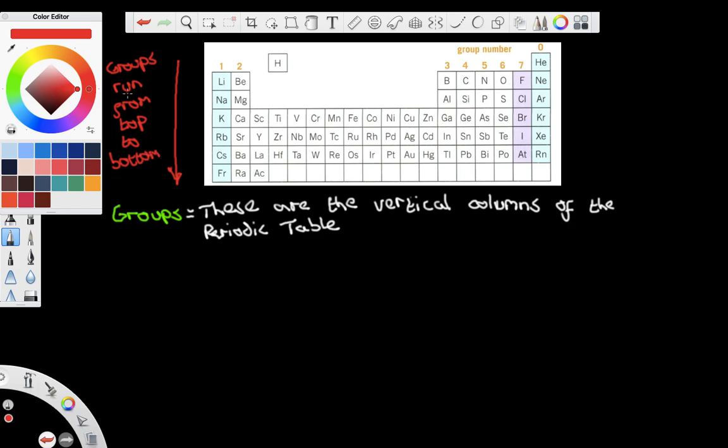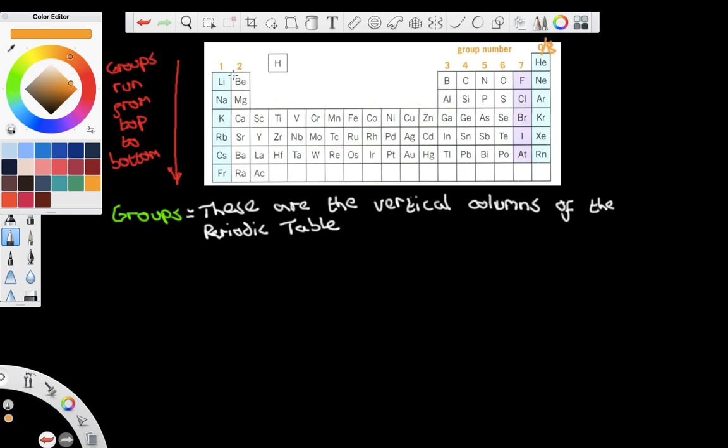And you'll notice on this periodic table, they're numbered. So we've got group 1 here with a number 1 at the top. We've got group 2 here with a 2 at the top. Group 3, 4, 5, 6, 7, and 0. Sometimes you may see group 0 referred to as group 8. It depends on the periodic table being used.